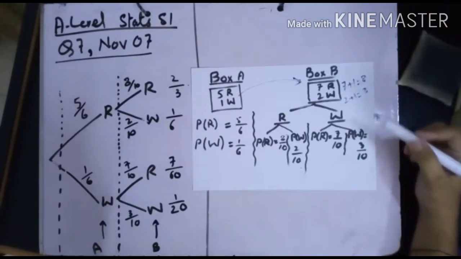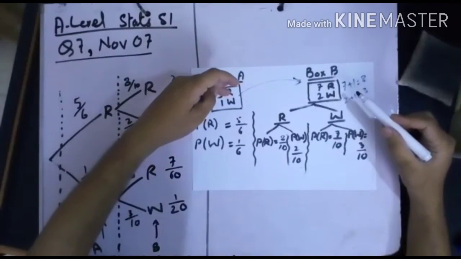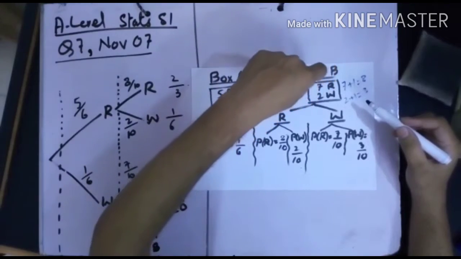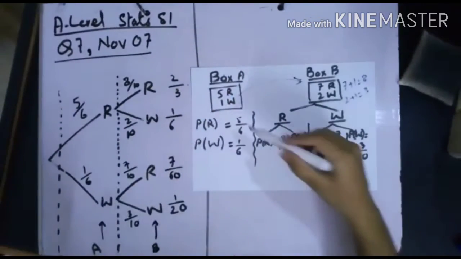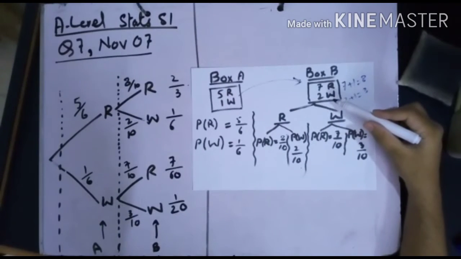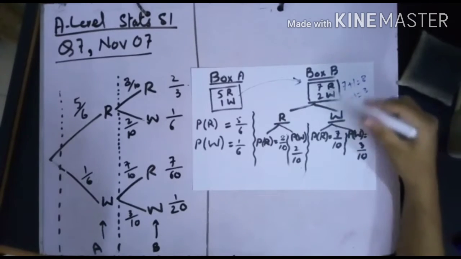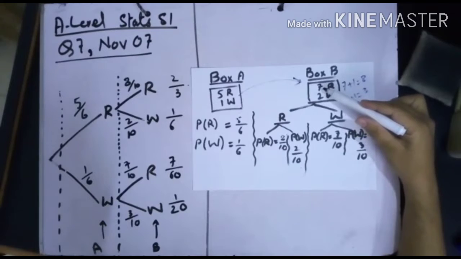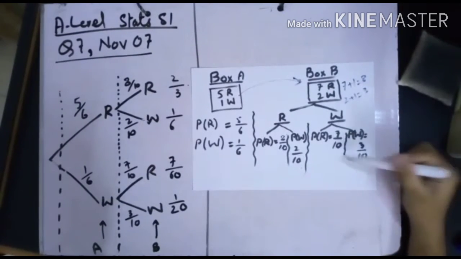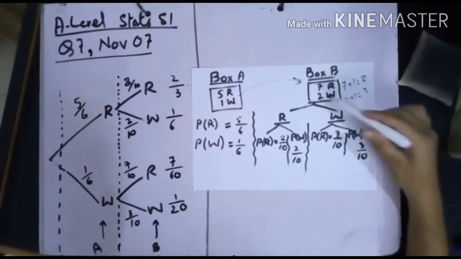In the previous case, it was 7 plus 1 red, because a red was drawn from A and added to box B. But in this case, we are taking a white paper clip from box A and adding it to box B. Altogether the whites are 3, and the total is 10, 7 plus 3. In the denominator we have to write 10 total. For red, same, but for white it becomes 3.